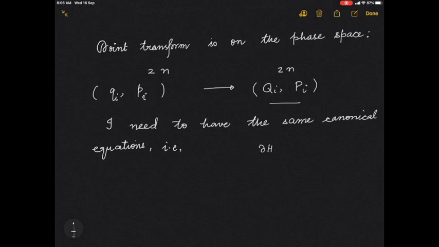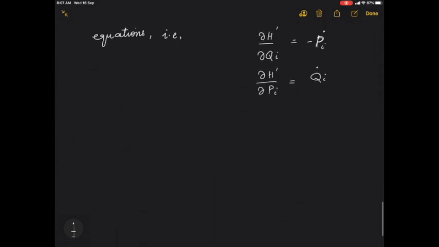I should have ∂H'/∂Qi equals minus Pi dot, and similarly ∂H'/∂Pi equals Qi dot. Okay, I want that.